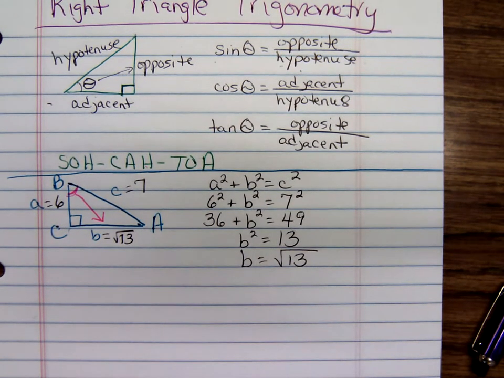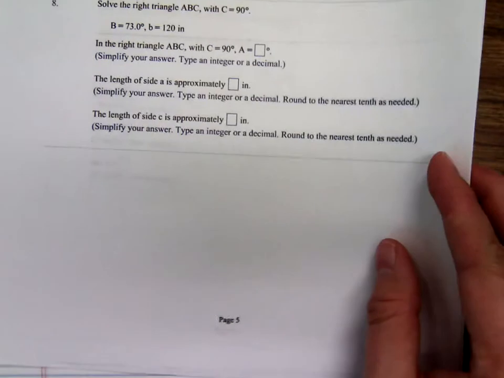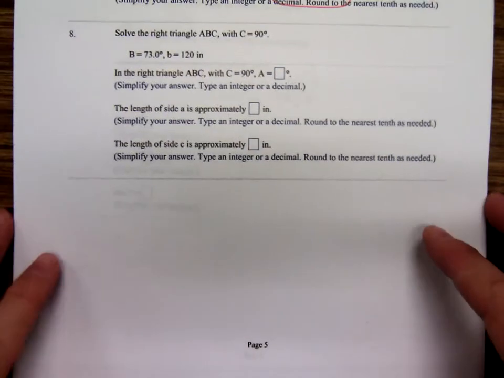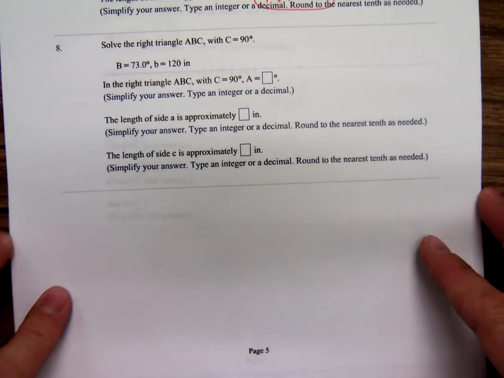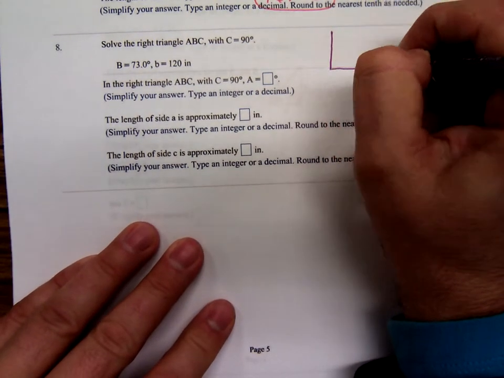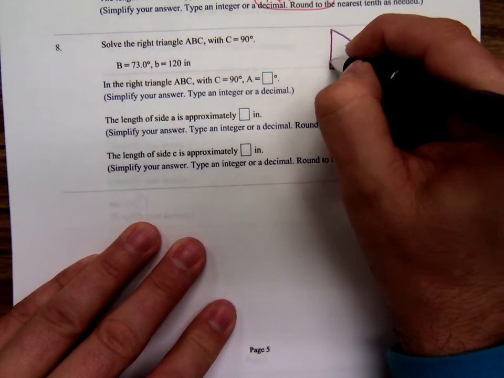Oh yeah, we've already seen this problem 8. Let's go ahead and do problem 8. It's been showing down there. Oh, okay. Same type of problem. We have a right triangle ABC.